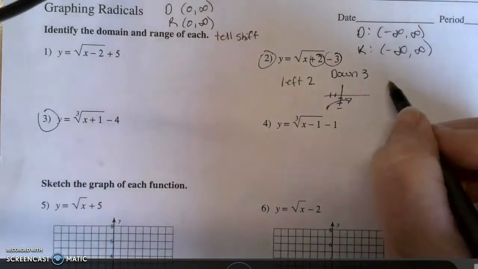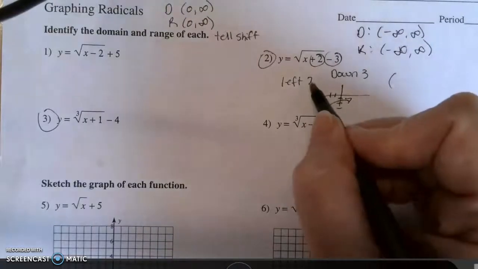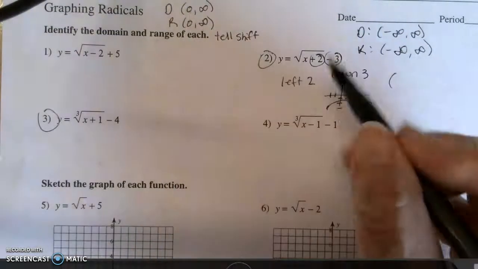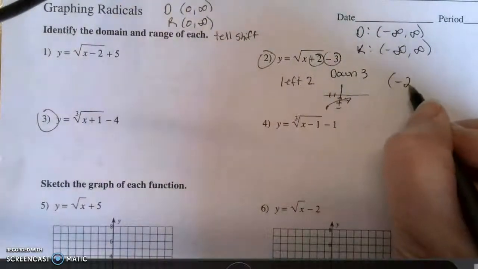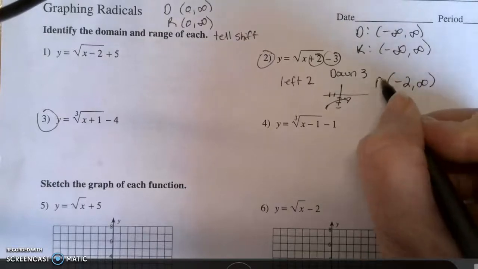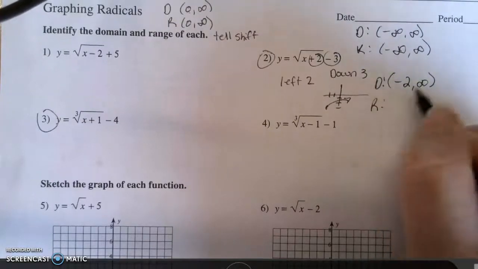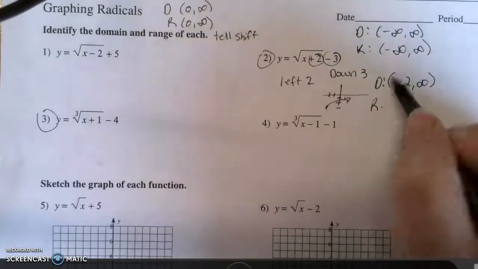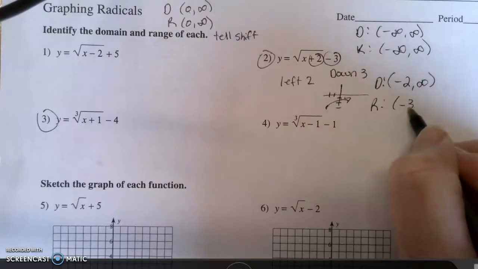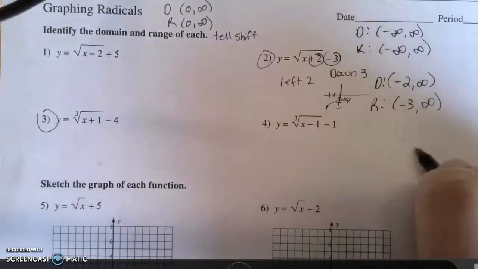So my domain, since it's not at 0 anymore, it went left 2, so now it's negative 2 to infinity. And my range, it went down 3, so it is negative 3 to infinity.